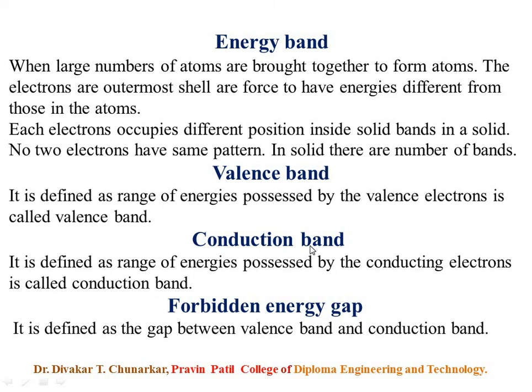And the gap between the valency band and the conduction band is called the forbidden energy gap. What is the forbidden energy gap? The gap between the conduction band and the valency band is called the forbidden energy gap.